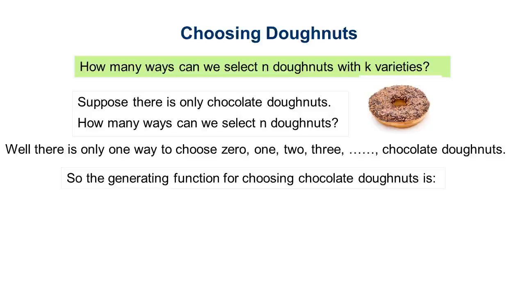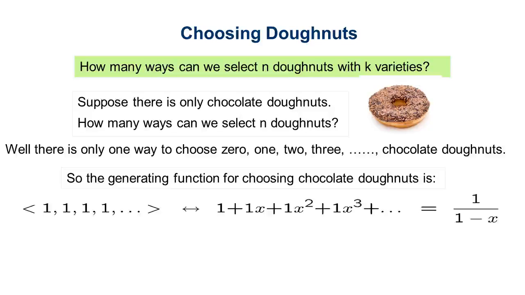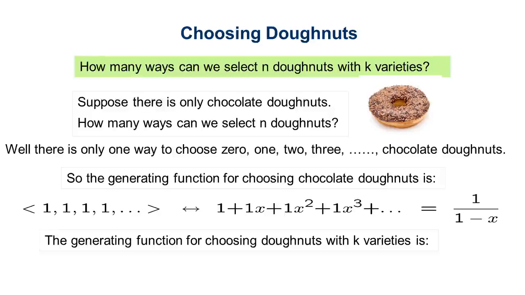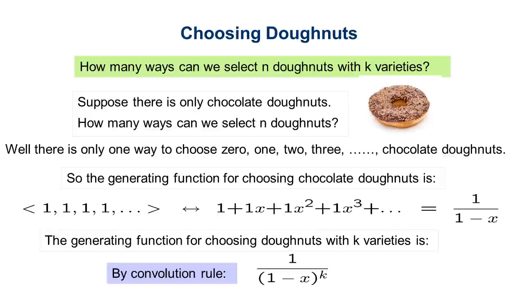So the generating function for choosing chocolate donuts is 1 plus x plus x square plus x cube, and ultimately it is 1 divided by 1 minus x. The generating function for choosing donuts with k varieties is, by the convolution rule, (1 divided by 1 minus x) to the power k.